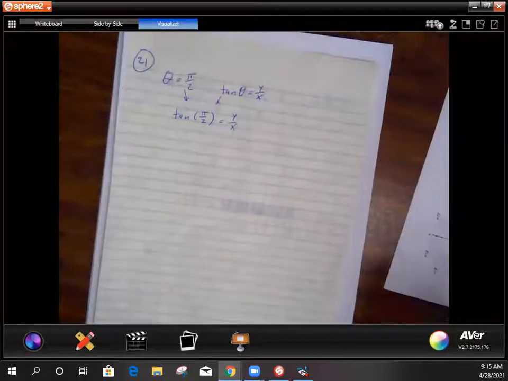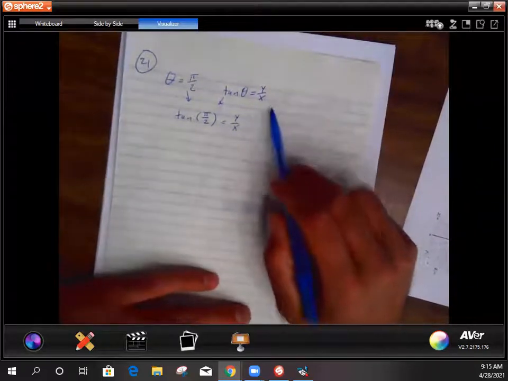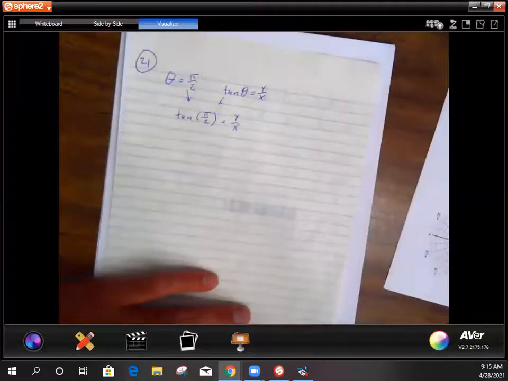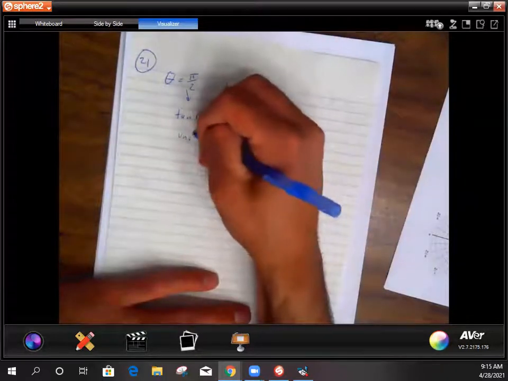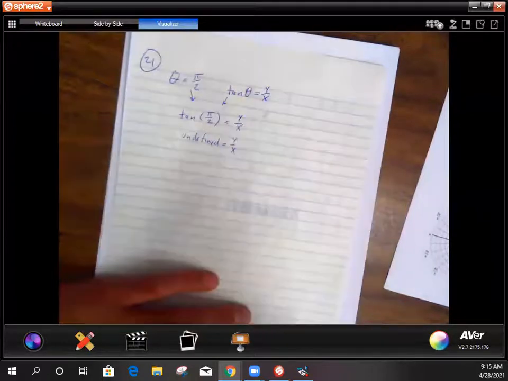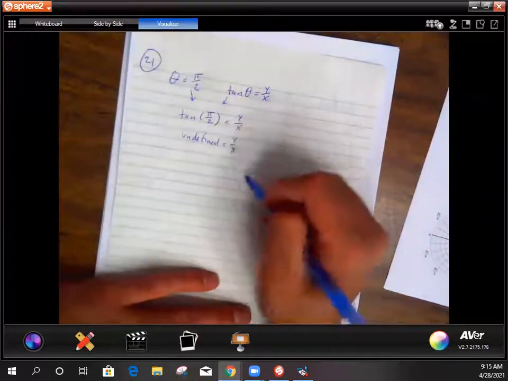We can't just give up just because it says undefined. So what you could do, and this isn't really in the notes, but you could switch to cotangent. All right, so first, why are we abandoning this? Because this is undefined, equals y over x. So kind of hit a dead end there.